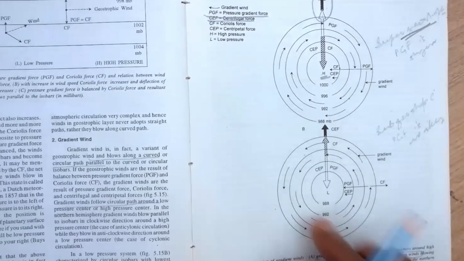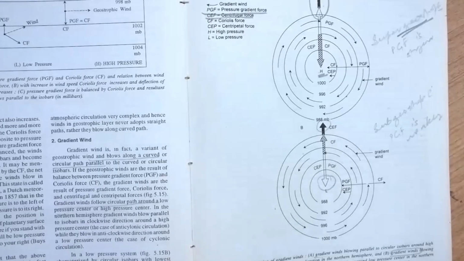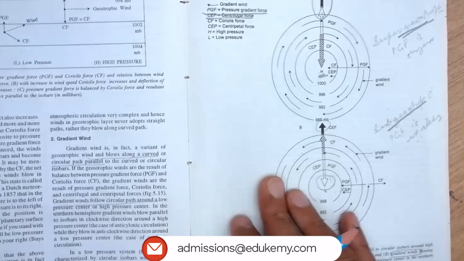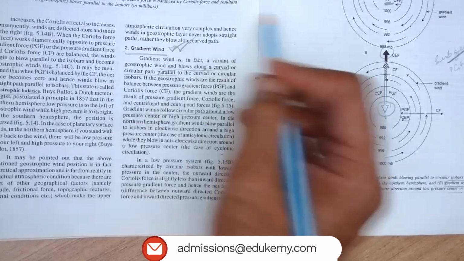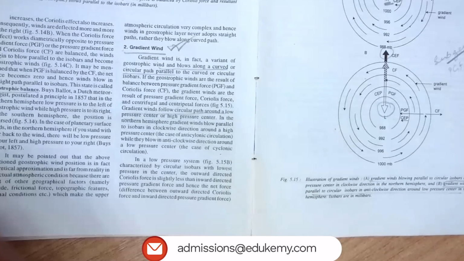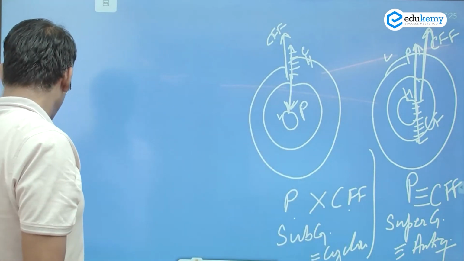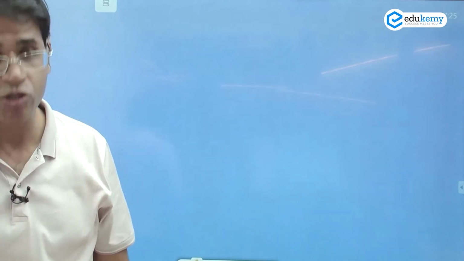Here it is the reverse: the centrifugal force is outside and the PGF is towards inside. It's called the subgeostrophic condition. You have one write-up on gradient winds on page number 90. So that takes care of how geostrophic winds are formed and the modification for geostrophic conditions.